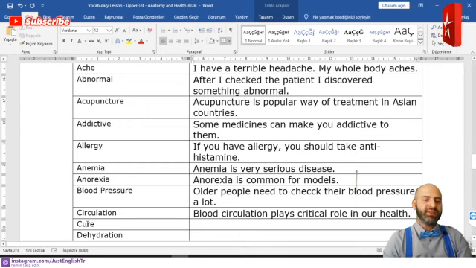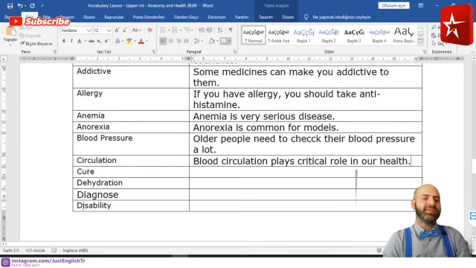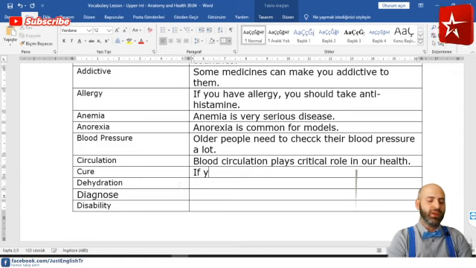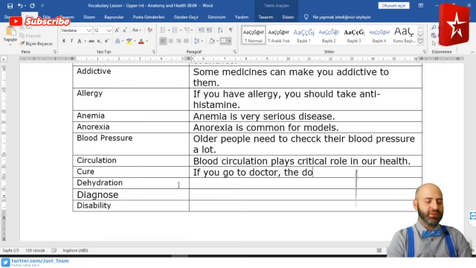Cure is used as a verb and as a noun. The meaning is exactly the same for both of them. Another word with the same meaning is treat. If you go to a doctor, the doctor will cure you. Let me write this easy example for you. If you go to a doctor, the doctor will cure you.